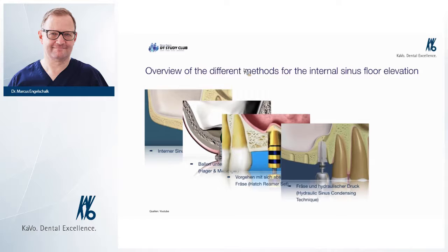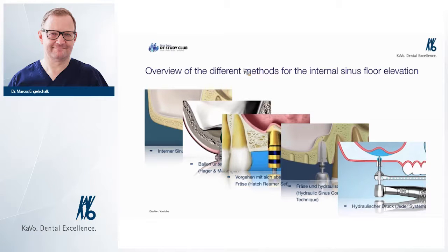I will show you a way how we can do this. But if you use just your osteotome, then only 1, 2, 3 millimeters at maximum to elevate, just to push back the bone and the membrane to bring in your implant. But it's not in the way we do it with a lateral access window.